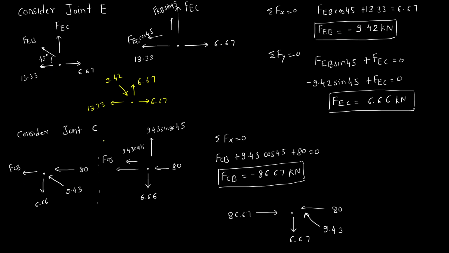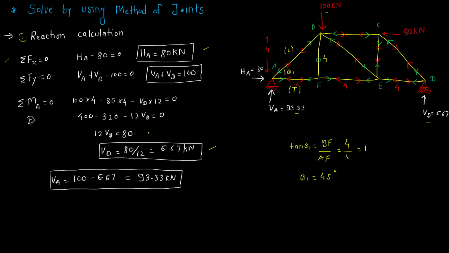Now if you just pay attention, this is the method of joints. Okay, so let's say this is a joint here and this is a member which is connected to the joint. What we are considering here right now is a joint, not a member. So this joint is applying one force to the member.